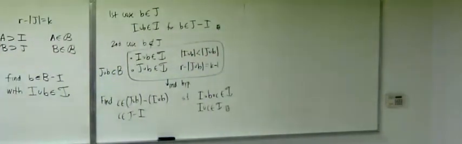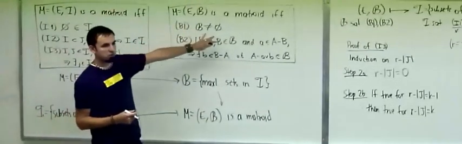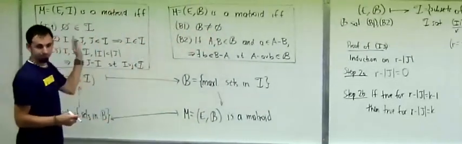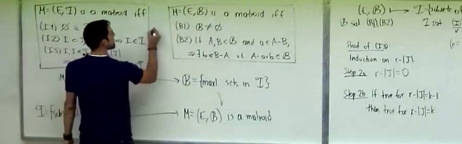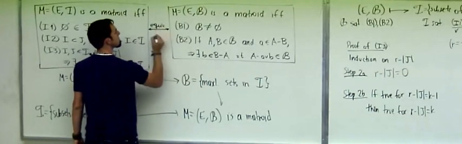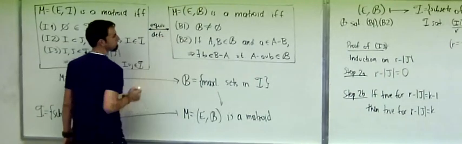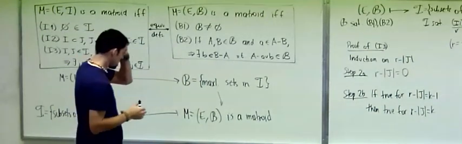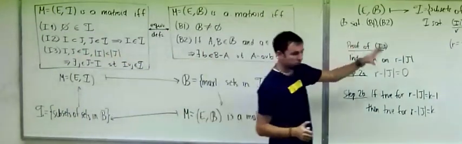And therefore, what we have proved is the equivalence of these two definitions. So you can either define matroids in terms of independence, or you can define matroids in terms of bases, and you're really talking about the same objects. These are equivalent definitions. Any questions about this proof?